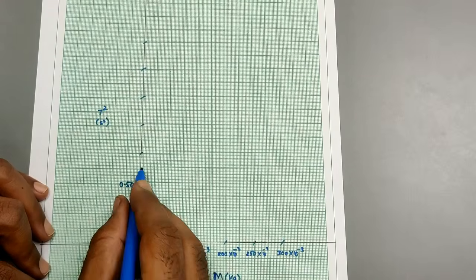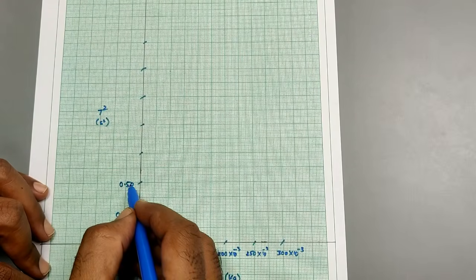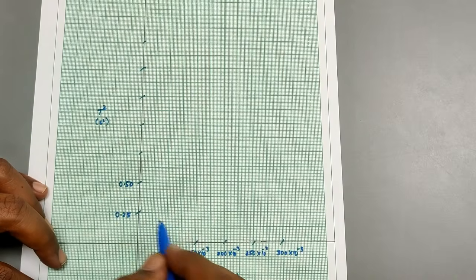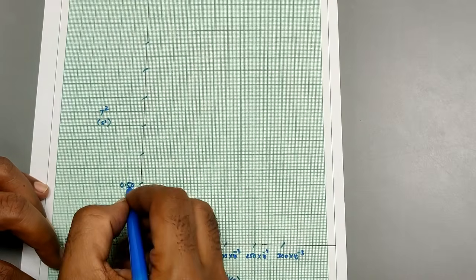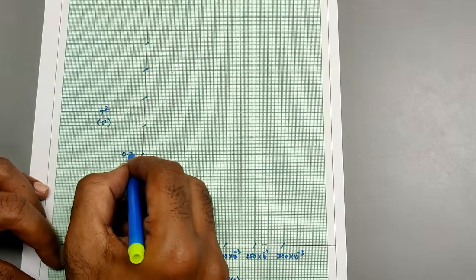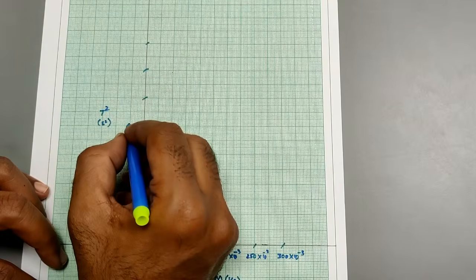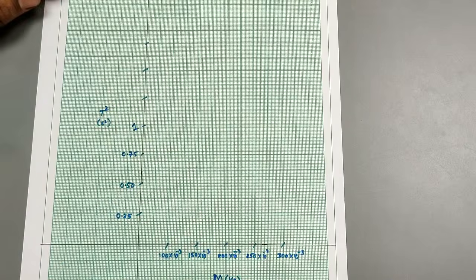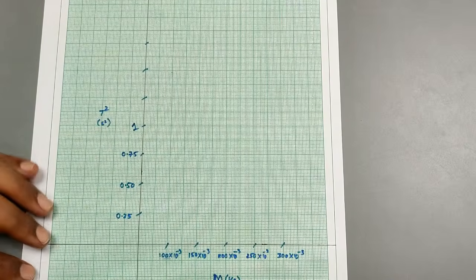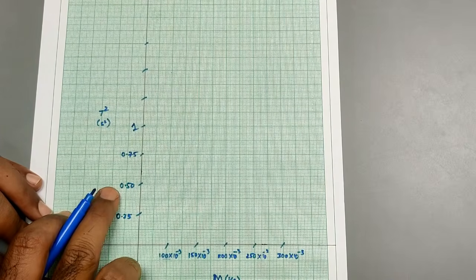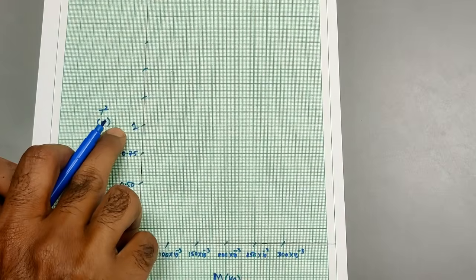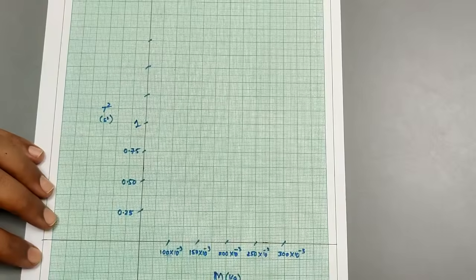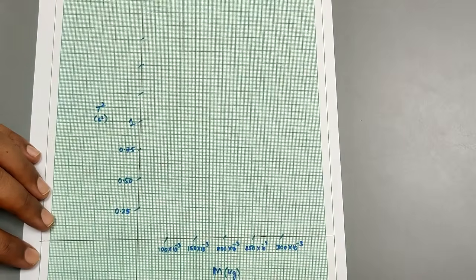So 0.25 to 0.50, I have increased by 0.25. After 0.5, what should come next? 0.75. After 0.75, what should come next? 1. I have to get it as 1, correct? So like this the values I have to take. You can also change this and take 0.25, 0.30, 0.35, 0.40, 0.45, like this also you can take, right? It depends upon you. You can plot the values in whatever way you want.